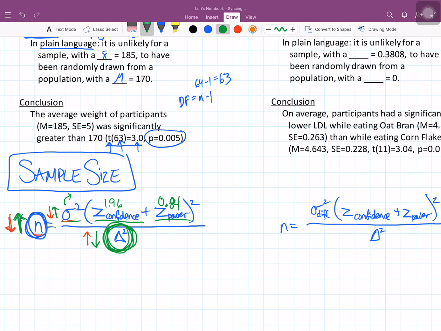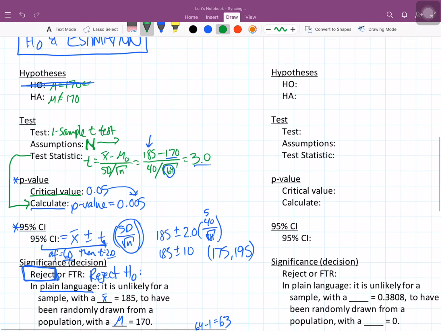You could theoretically change your power to 90% or 70%, and that would change this number right here, but 80% power is a pretty standard accepted level, and a 95% confidence interval with two tails is also pretty well accepted. So those numbers generally stay the same in the sample size calculation equation.